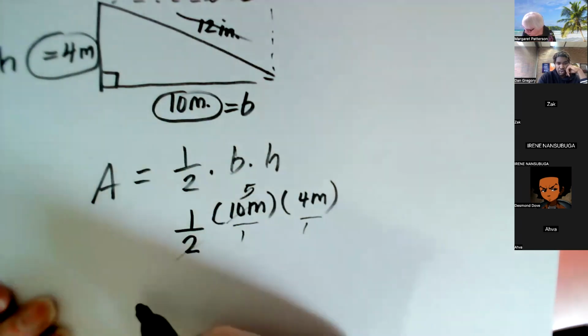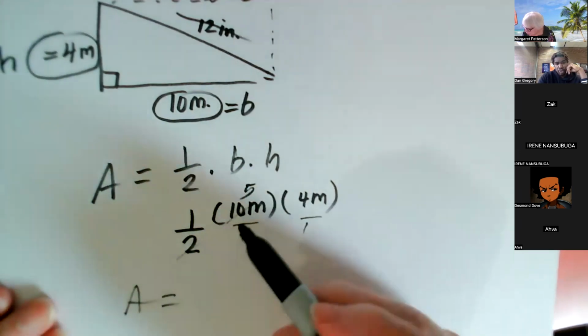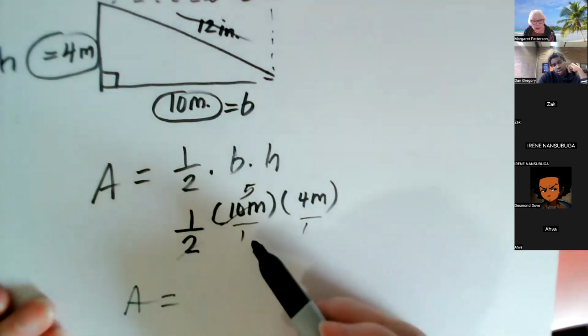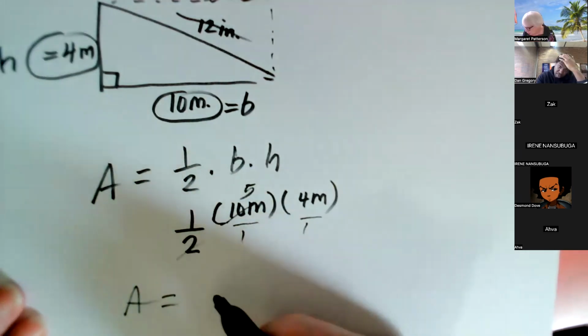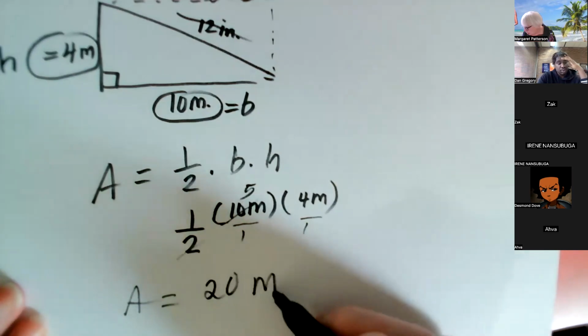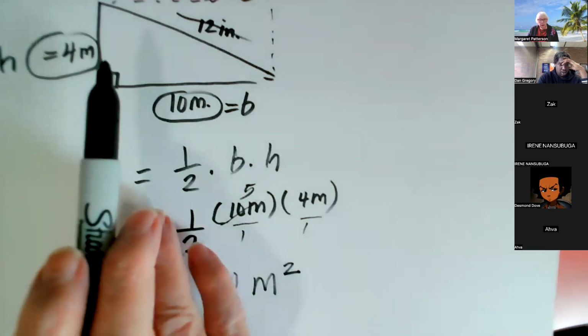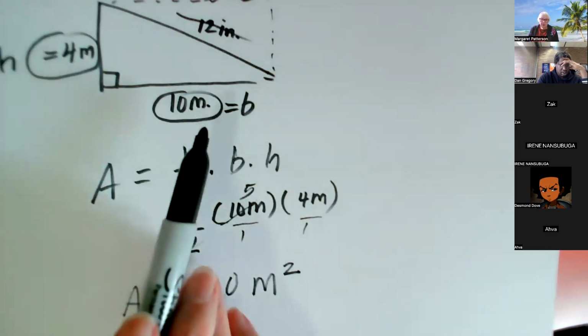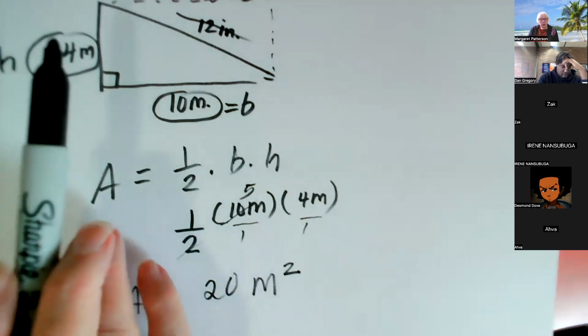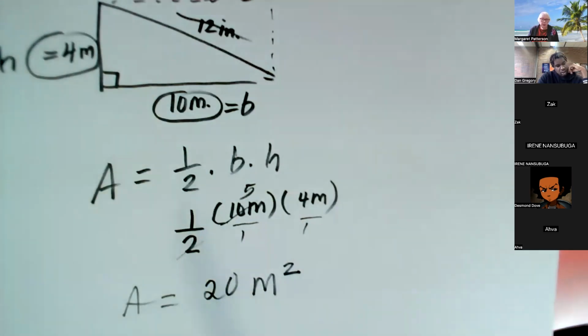Yeah. Area is, so I canceled 2 into 10 is 5. 5 times 4 is 20 square meters. You can also do it quickly in your head, because I made such nice numbers: 4 times 10 is 40, but we only need half, so it's 20.